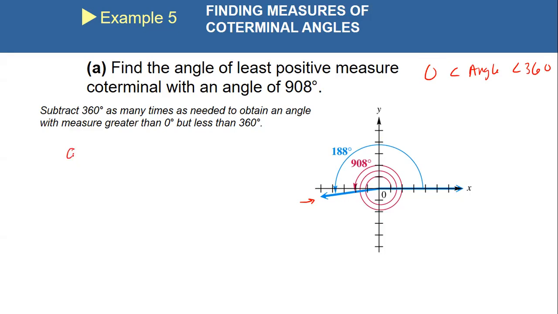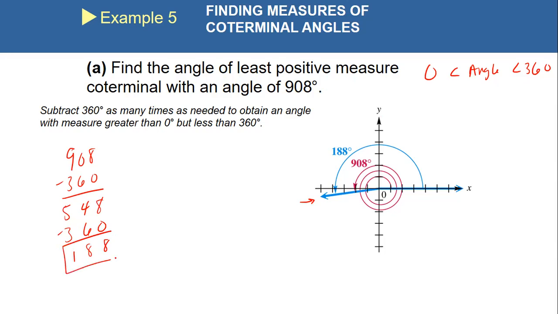So if we're at 908, I subtract 360. That puts me at 548. Am I between 0 and 360 yet? No. So that's not my least positive coterminal. I'm going to subtract another 360. That puts me at 188.